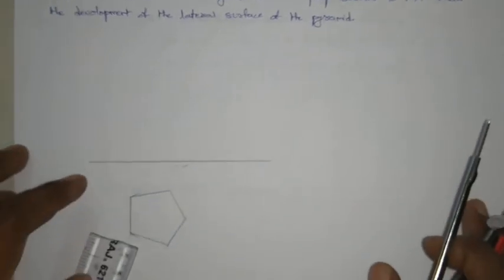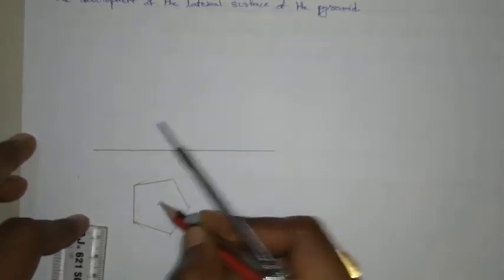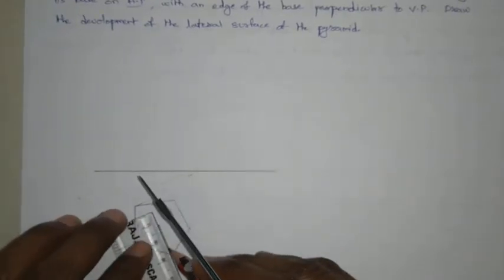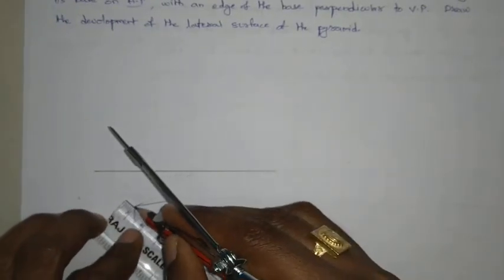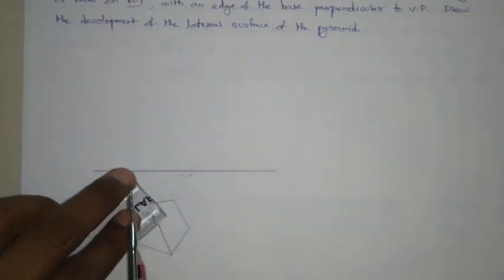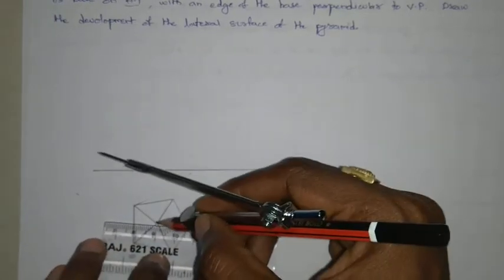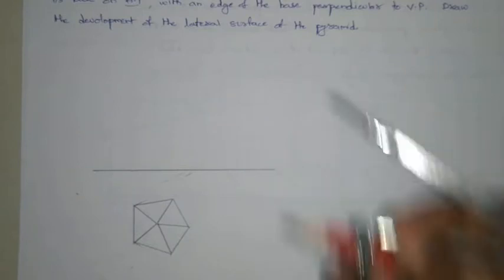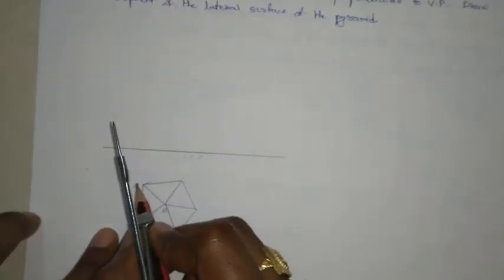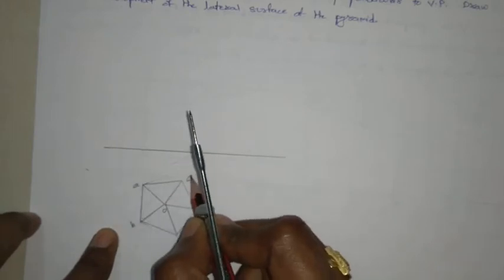So this is the shape you may get, and for a pyramid you know that we'll be having a center point and join all these points 1, 2. So these are all slant edges actually. Now let this top is O, this is A, B, C, D and E.